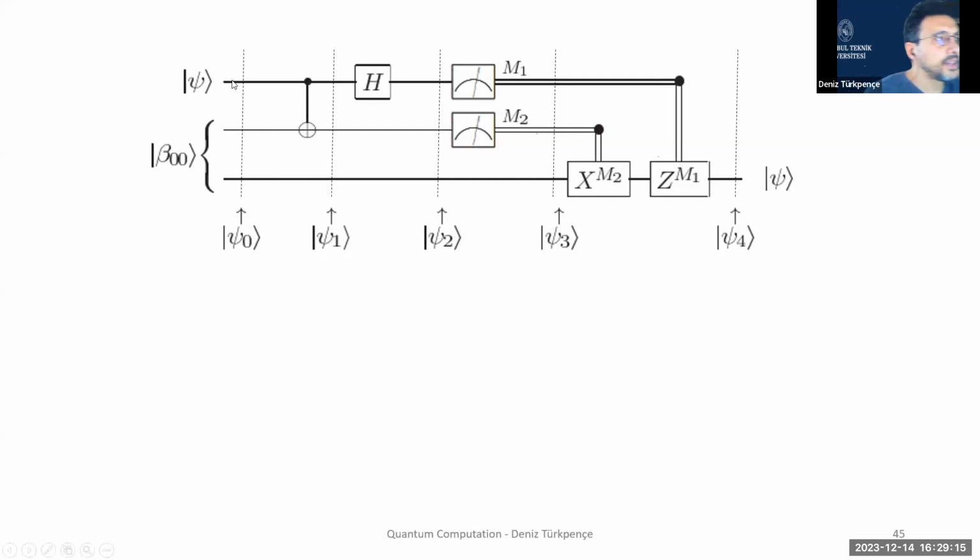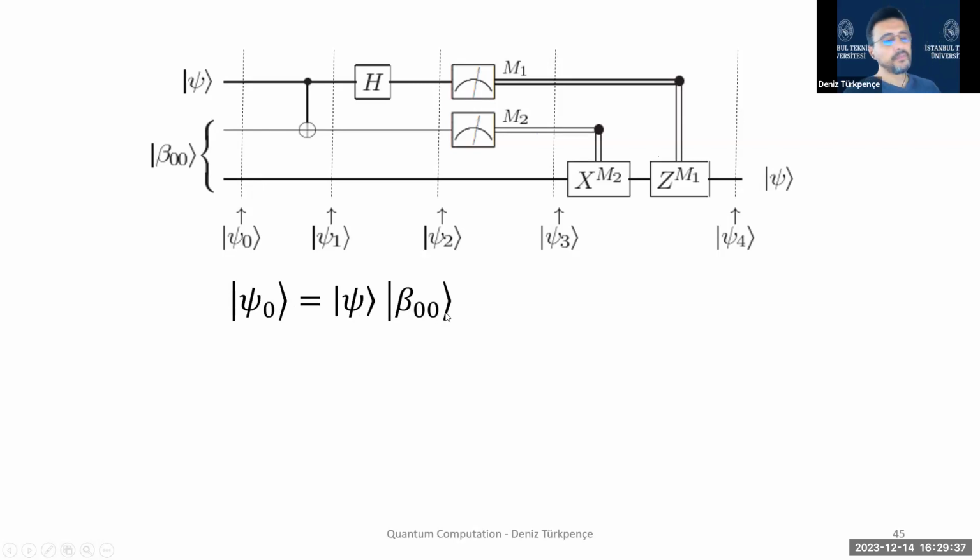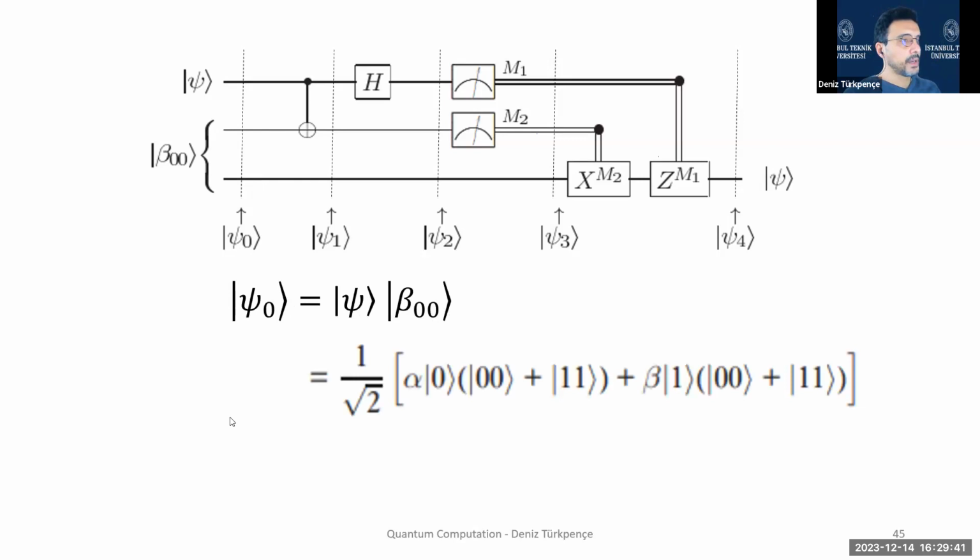Here you see that I have the first qubit, which belongs to Alice. The second qubit also belongs to Alice, but the second qubit is initially entangled with this third qubit belonging to Bob. So my initial state is psi and beta 00, an entangled state. And this psi is alpha 0 plus beta 1.